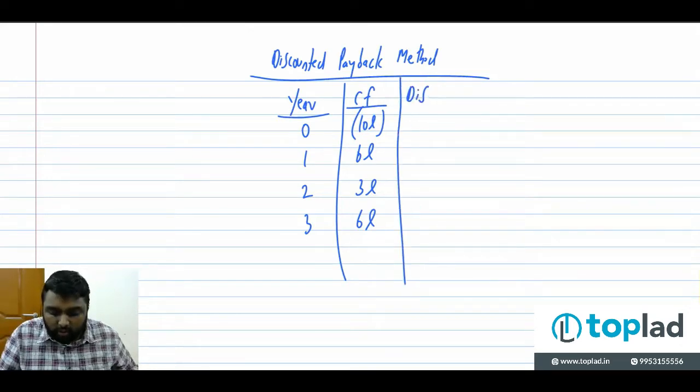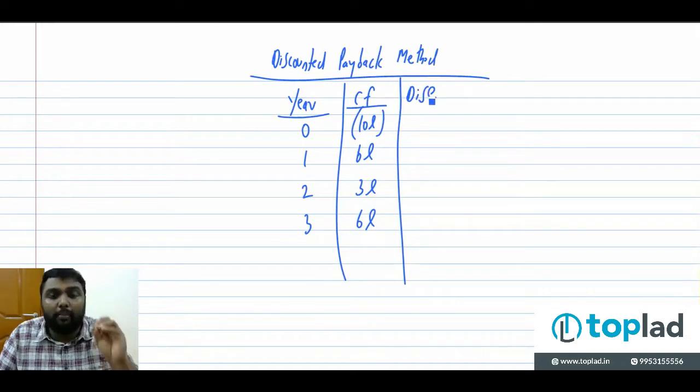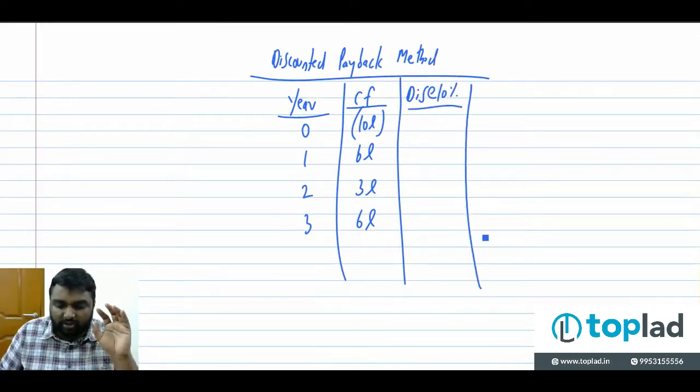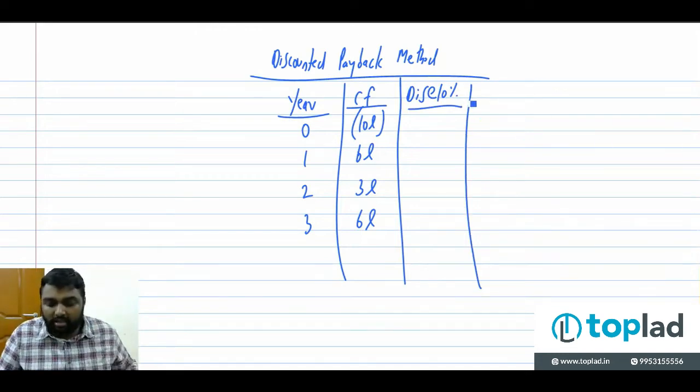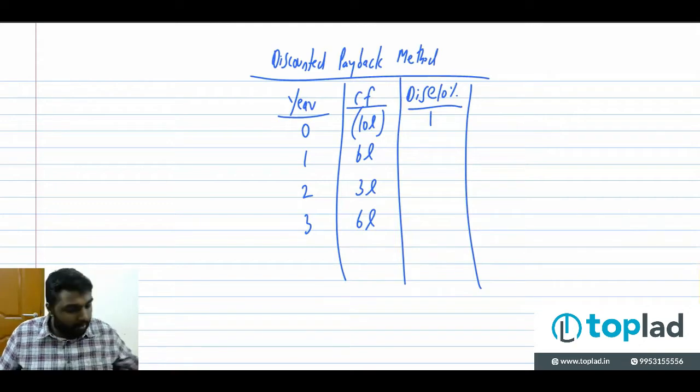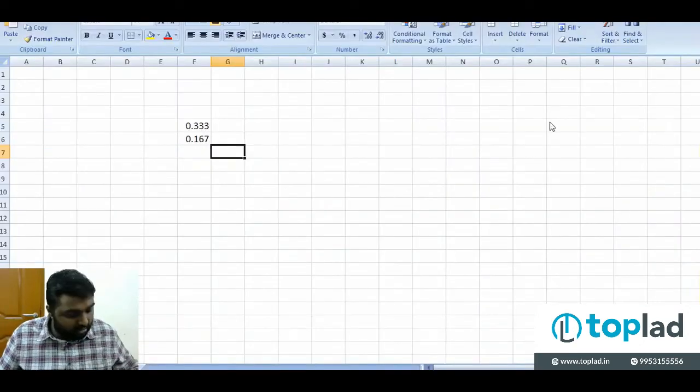Let's say the company's cost for the fund is 10%. Cost of capital is 10%. We will go with the discount rate. What is the discount rate? The value of rupee 1 is 1. Generally the discount rate will be given in the question, but I will teach you how we can get it.